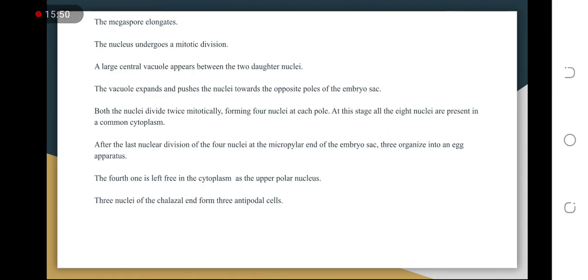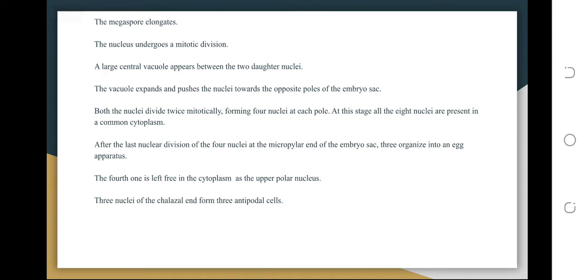The megaspore elongates, the nucleus undergoes a mitotic division, and a large central vacuole appears between the two daughter nuclei. The vacuole expands and pushes the nuclei towards the opposite poles of the embryo sac. Both the nuclei divide twice mitotically, forming 4 nuclei at each pole. At this stage, all the 8 nuclei are present in a common cytoplasm.